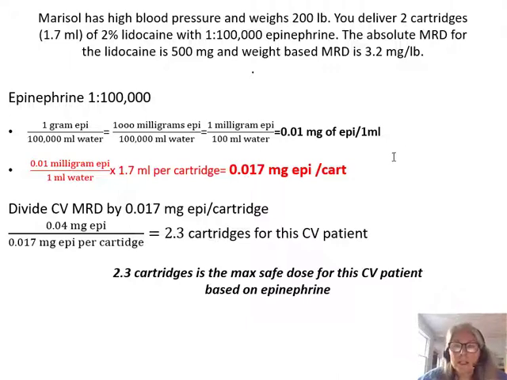So you have to kind of deduce that this person has high blood pressure. I need to use the cardiovascular MRD of the vasoconstrictor. That's 0.04 milligrams, which will be divided by 0.017 milligrams of epi per cartridge. Ooh, this is low. Look at this. 2.3 cartridges for this cardiovascular patient is the maximum safe or maximum recommended dose.